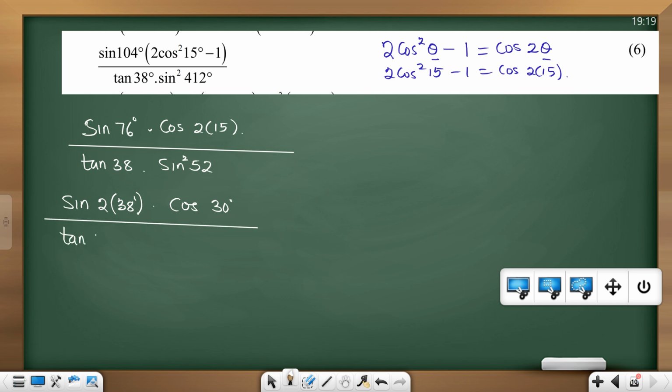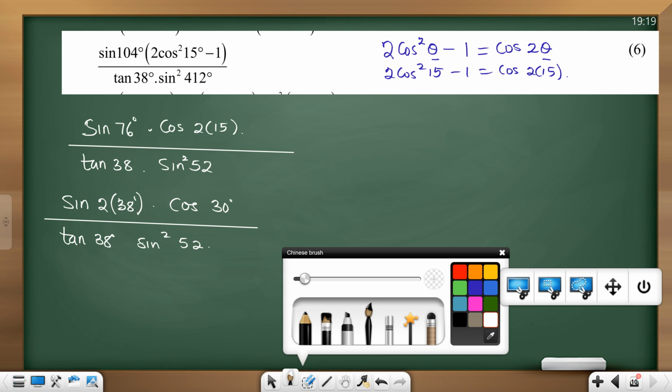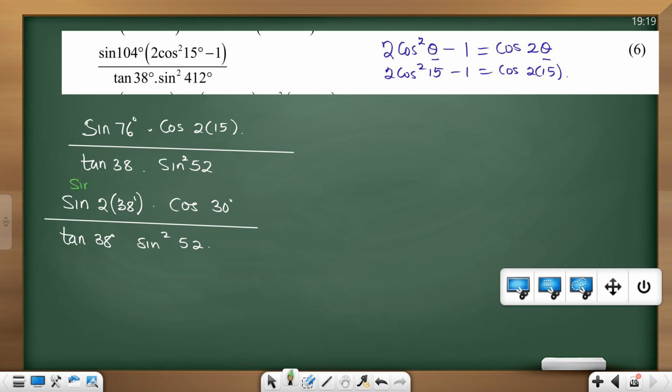Tan 38. Sine squared what? But do you notice that this is the same as sine 2 theta? I'll show you how to link those angles together shortly, if I have time today. But what is sine 2 theta?